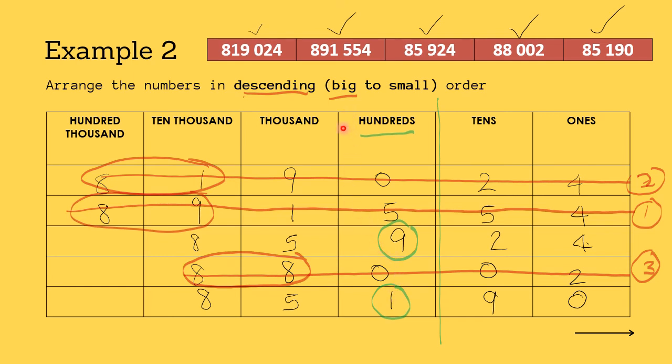Since hundreds are totally different families already, you can just compare one number. So now we're comparing 9 and 1. Which one is bigger? Obviously it is 9. So that's the fourth number you're going to write down in your answer later on, and the smallest number is obviously this one.